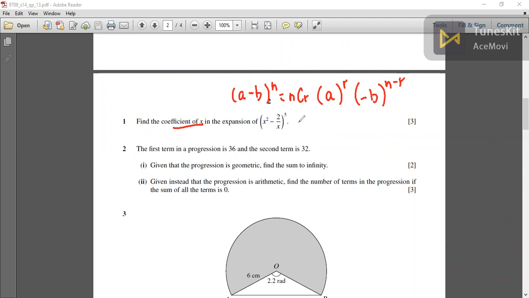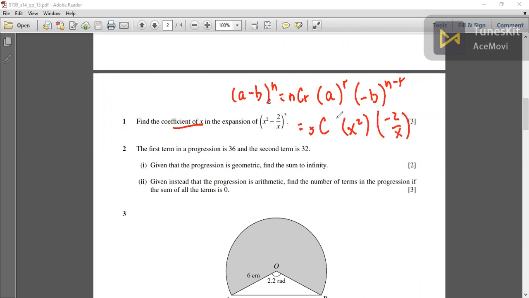So as we can see, we have the n, it is 5. So let us put the 5 combination. But I suggest that we do not fill in the r first. So just fill the x squared first, and then this is minus 2 over x.